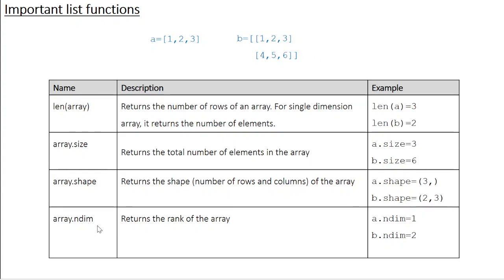Then ndim, as the name suggests, gives you the dimension or rank of the array. A is a one-dimensional or rank 1 array, and B is a 2-dimensional or rank 2 array. So A.ndim gives you 1 and B.ndim gives you 2.